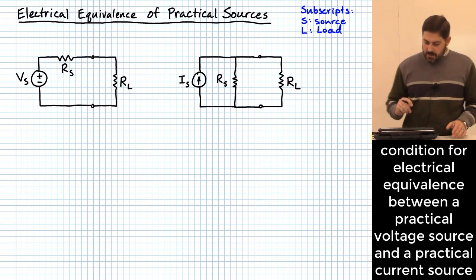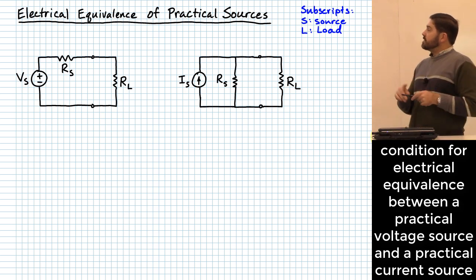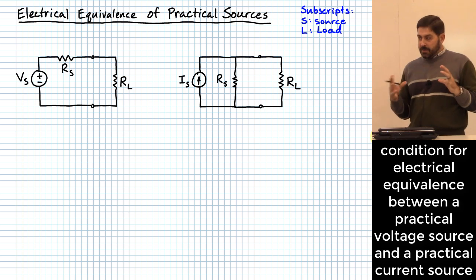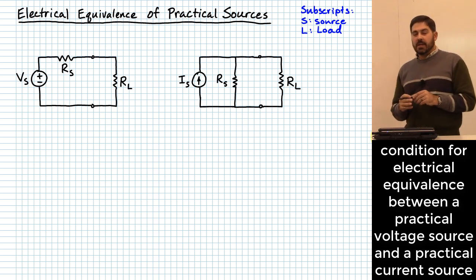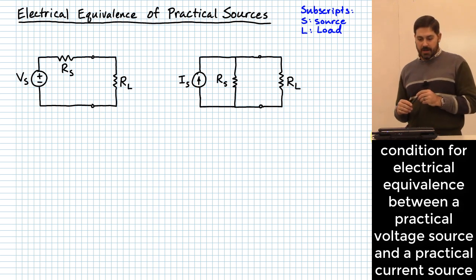All right. Now, this is a really cool thing here, is that we can actually set up an equivalence between practical voltage sources and practical current sources if we just make one little conversion as we move between these two. I'm going to show you how that works right now.